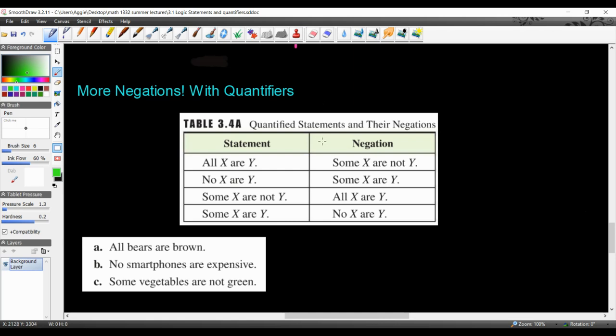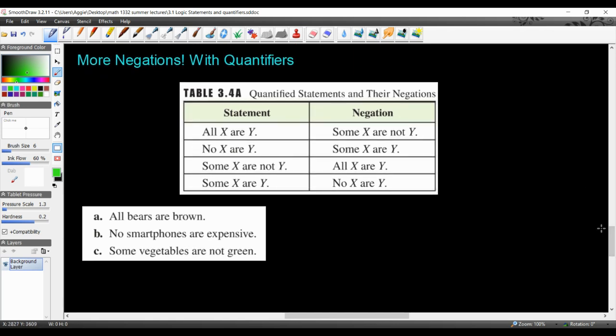All right, last part here. We're going to talk about more negations with quantifiers, the other part of the title of this section. So we have this chart. It's also coming from your book, and it's a way to negate statements that are in the form of all or some. It goes back to the whole opposite.